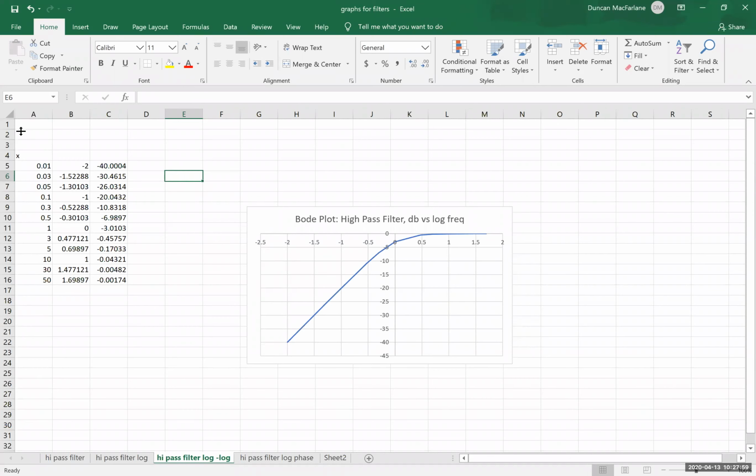But again, let me point out these columns to you one more time. Normalized frequency, X is equal to omega RC. I'm sorry, X is equal to omega RC.